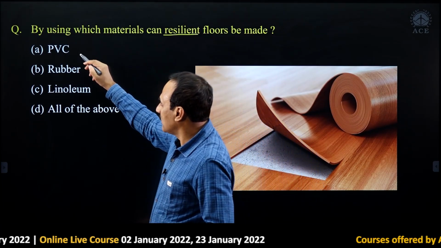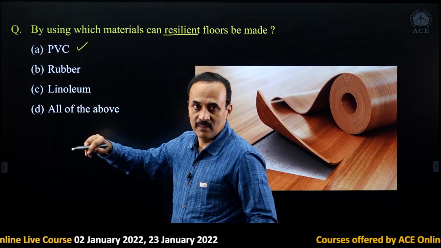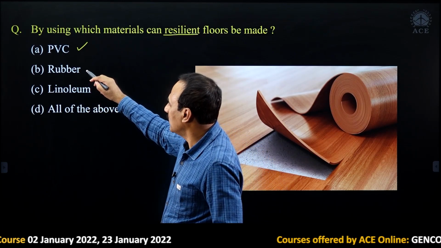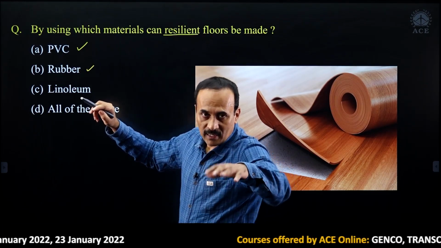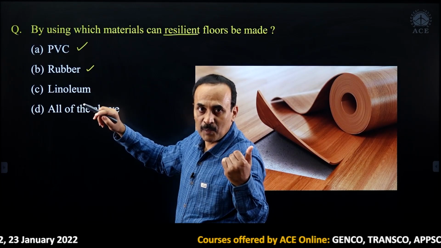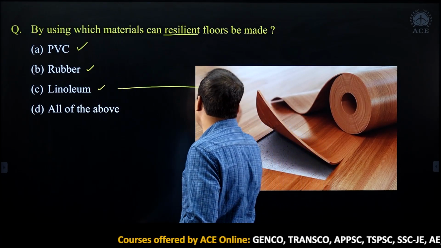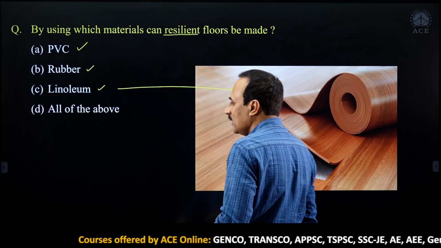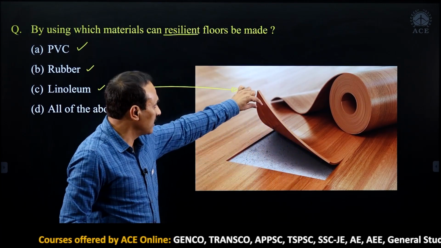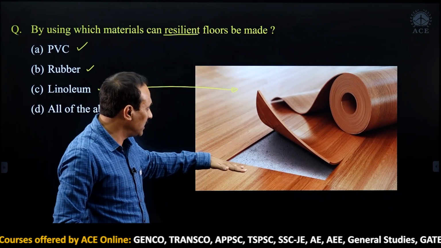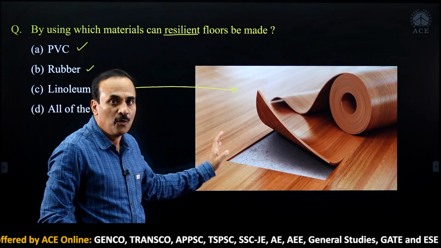You get resilient flooring by PVC, polyvinyl chloride. Rubber also gives you a sort of cushioning action which absorbs the shock. Linoleum, this is linoleum flooring. It is a kind of rubber only. You see that the thickness is very small. You can fix it. It gives you a sort of wooden texture.